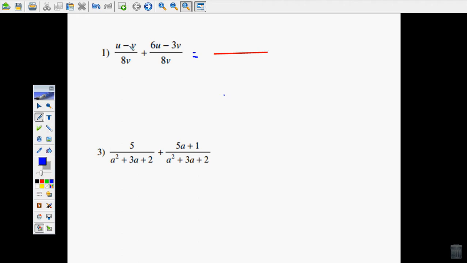All right, our denominator is going to be 8v. So you just write your common denominator, and then for my numerator, because it's all addition here, here's a variable: 1u plus 6u would be 7u, and then a negative v plus a negative 3v looks like it'll be a negative 4v.